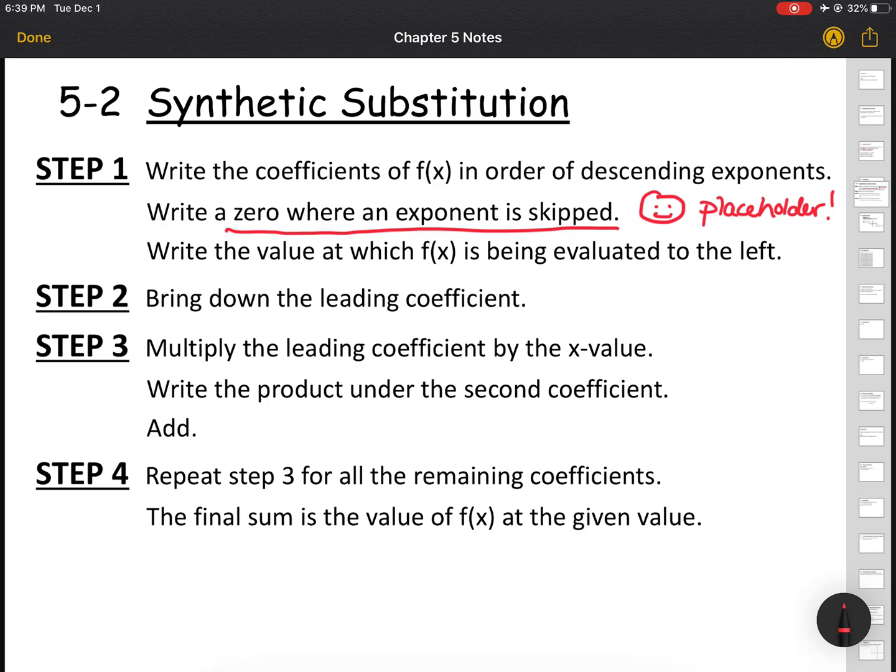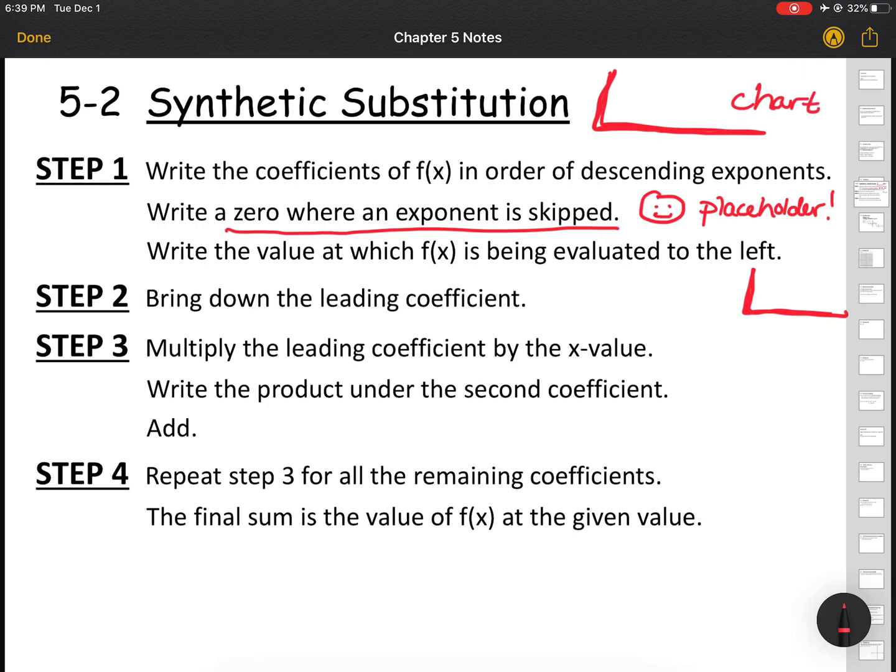Then we're going to write the value at which f of x is being evaluated to the left, and we're going to use a big L chart for the synthetic substitution. So if you ever see synthetic substitution, you're thinking the L chart. Step 2 says we're going to bring down the first leading coefficient.